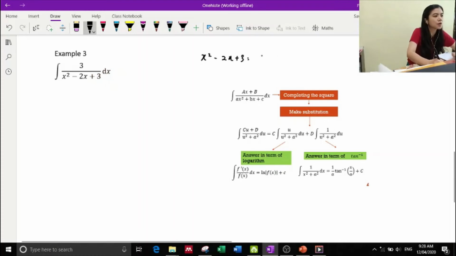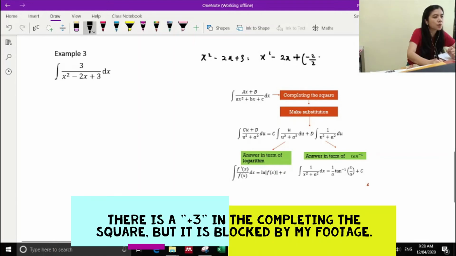By using completing the square, the coefficient of the x is actually minus 2, so you will have minus 2 over 2 square, minus 2 over 2 square, and then you plus back the 3. For the first one, we have the x and negative 2 over 2, that will give you minus 1.